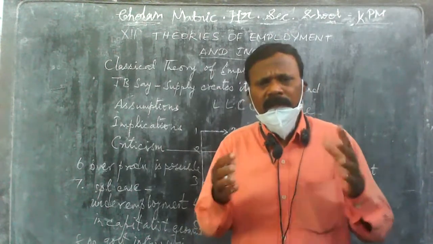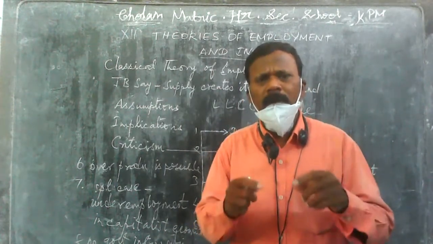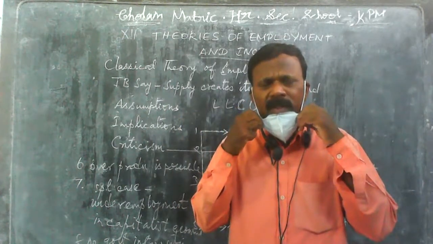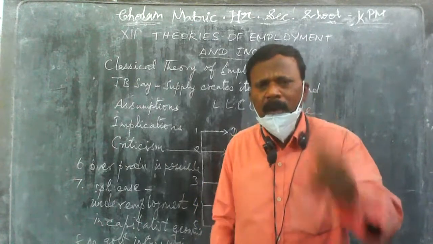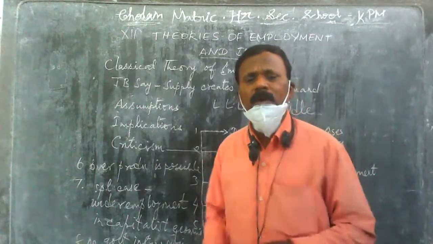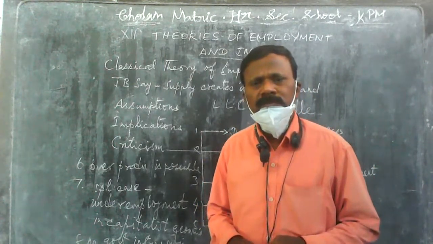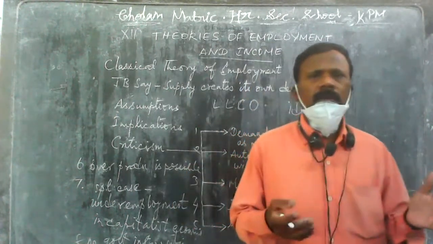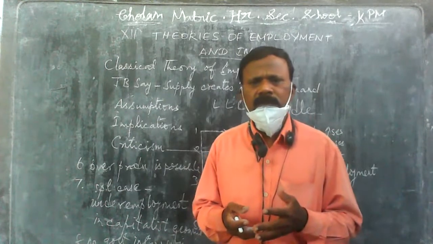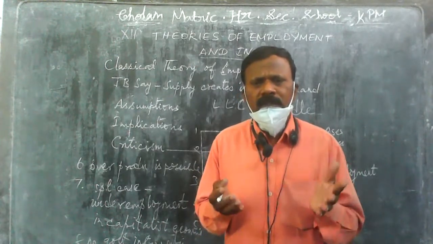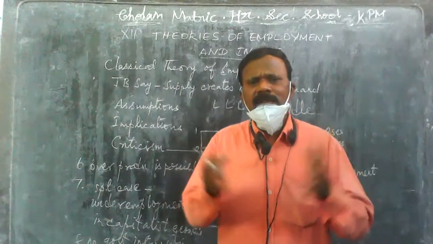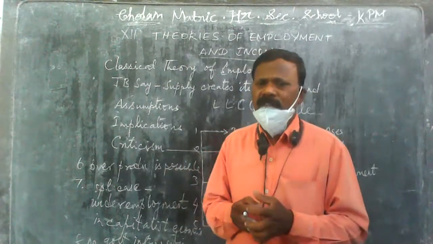Next, Keynes also regards full employment as a special case because there is underemployment in a capitalist economy. When the economic depression occurred in the 1930s, all the capitalist countries were severely affected.